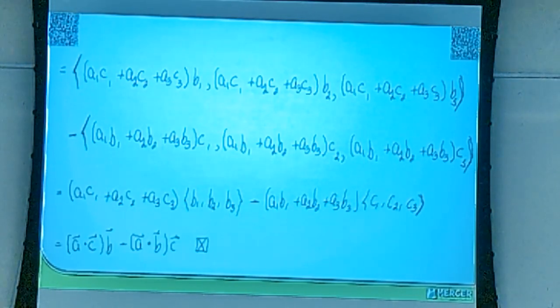I don't know how you go about the general proof, if it is true. Any questions on the cross product?